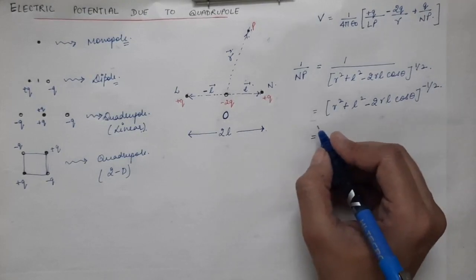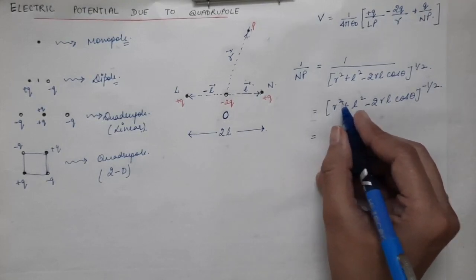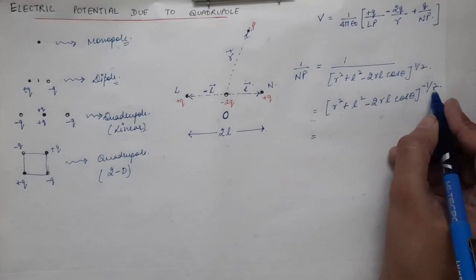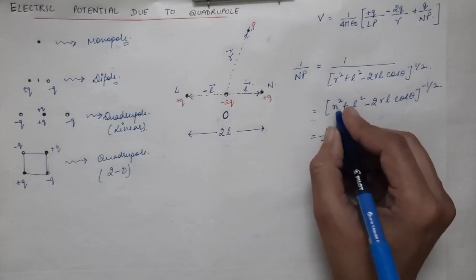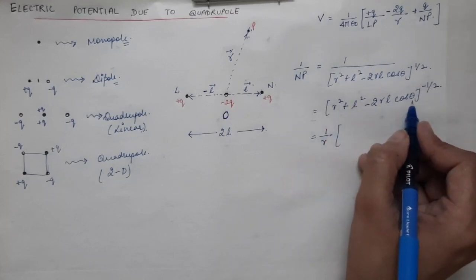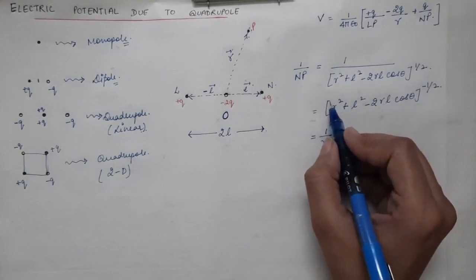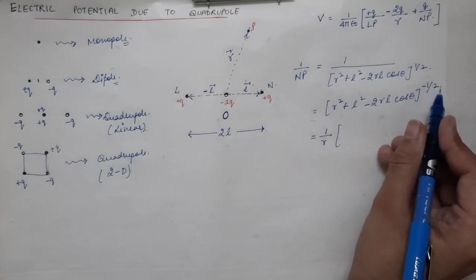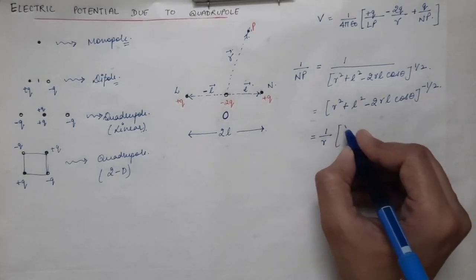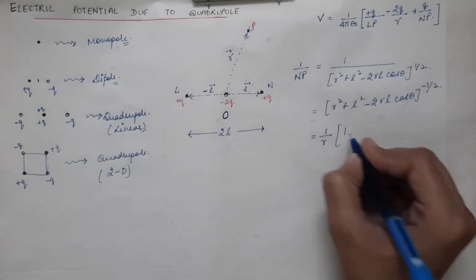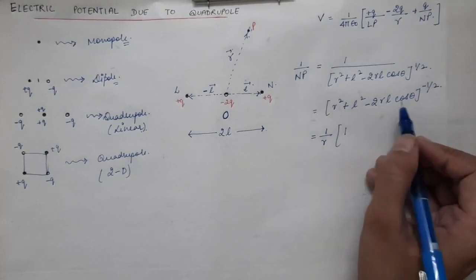So on taking R square common, you will get R square power minus 1 by 2 outside the bracket, and that will be 1 by R. Inside the bracket we will have 1, because we are taking R square common.